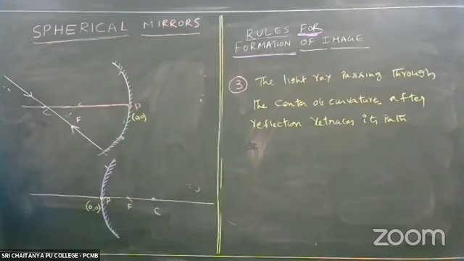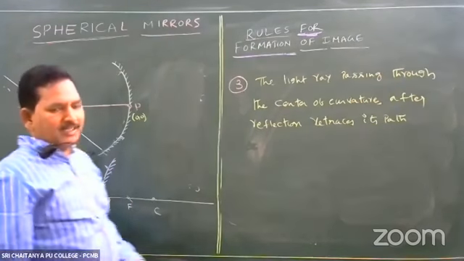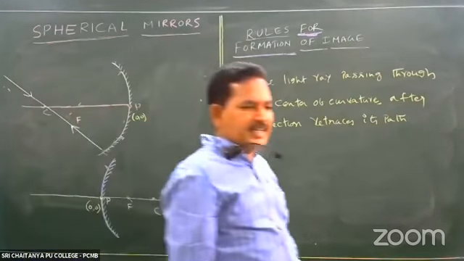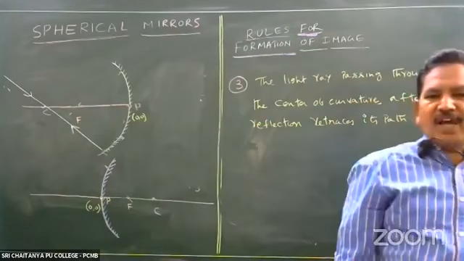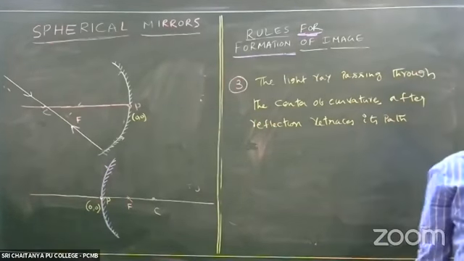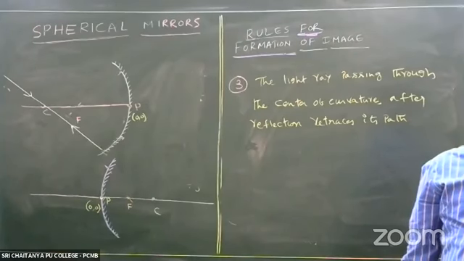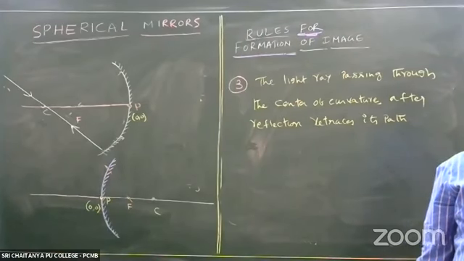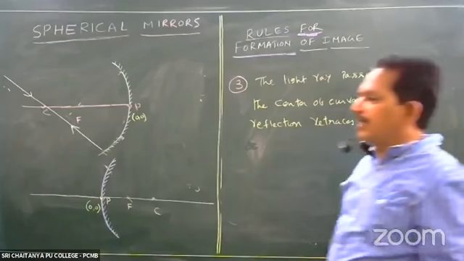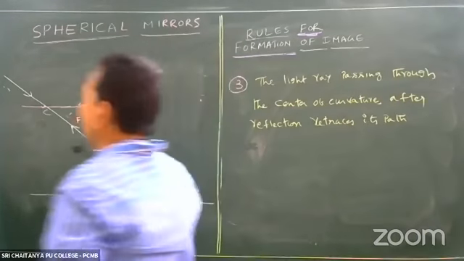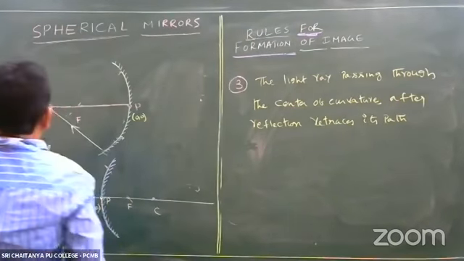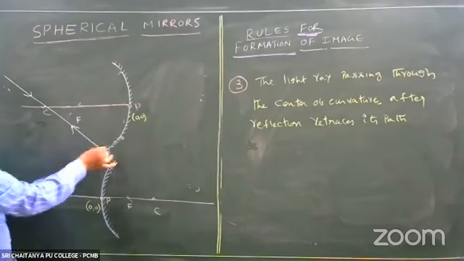Angle of incidence, angle of reflection, angle of refraction is measured only with normal. Without drawing the normal, we cannot study the reflection and refraction concept. So here I am stressing once again how to draw the normal for the spherical surface.